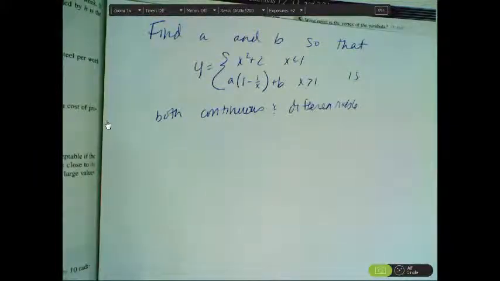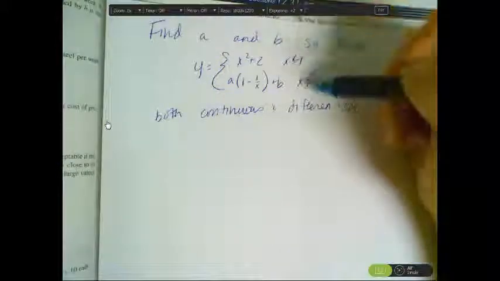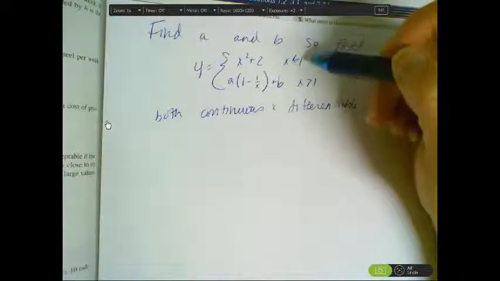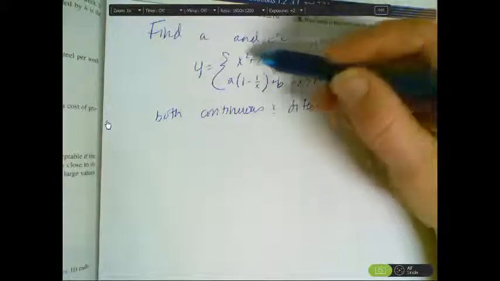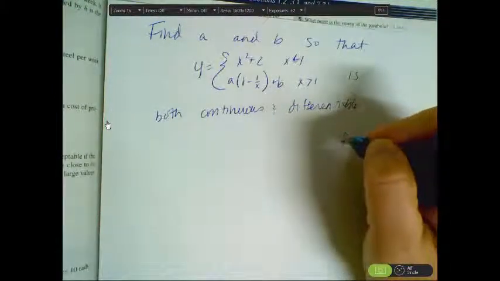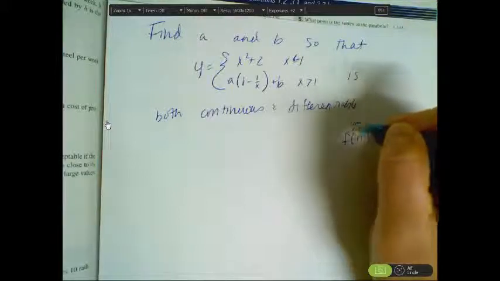So we know that in order for it to be continuous, the limit from the left and the limit from the right have to be the same, and they have to equal f of 1. So basically we're going to find f of 1 from the left, and hopefully you can see that that would be 3. F of 1 is 3, and the limit as x approaches 1 from the left is 3.